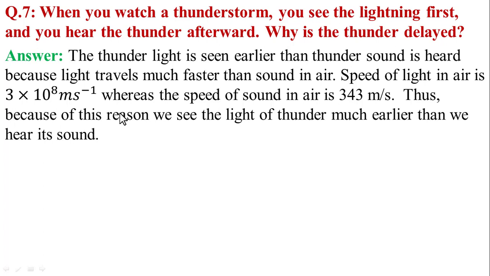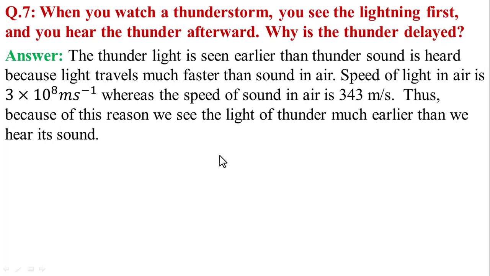The speed of light in air is 3 multiplied by 10 raised to power 8 meter per second, whereas the speed of sound in air is 343 meter per second. This is the reason we can see the light much earlier than we hear its sound.